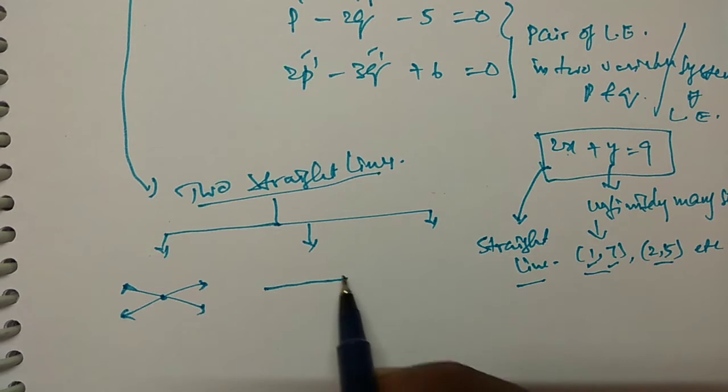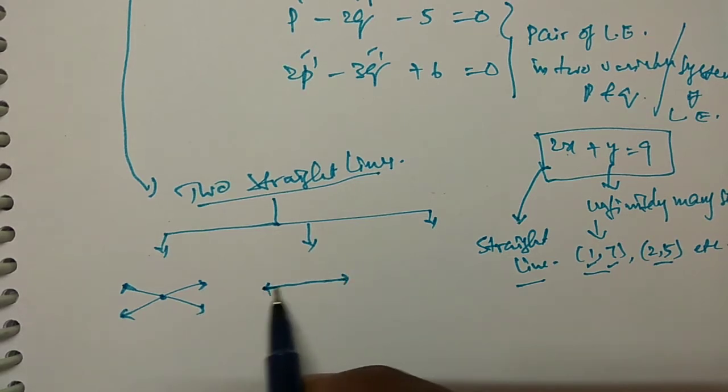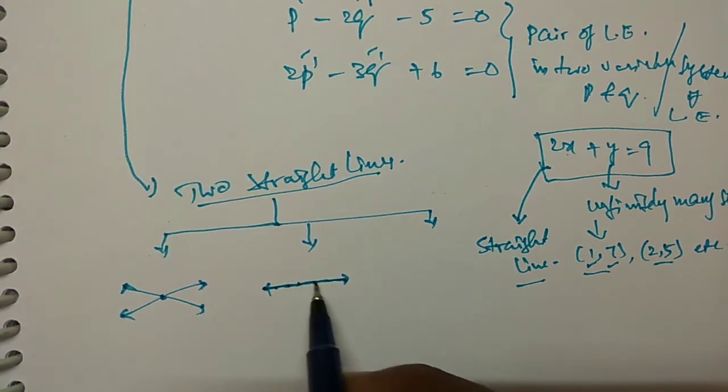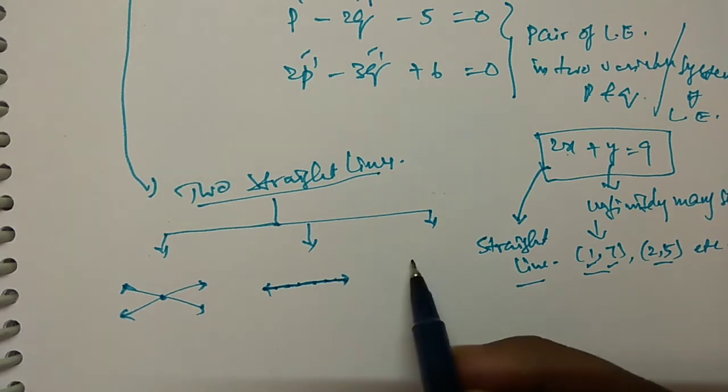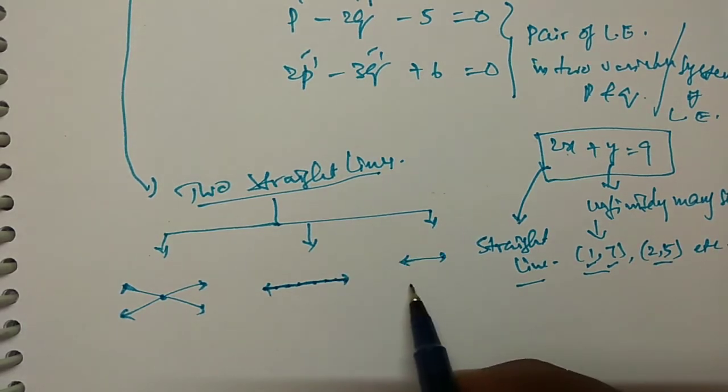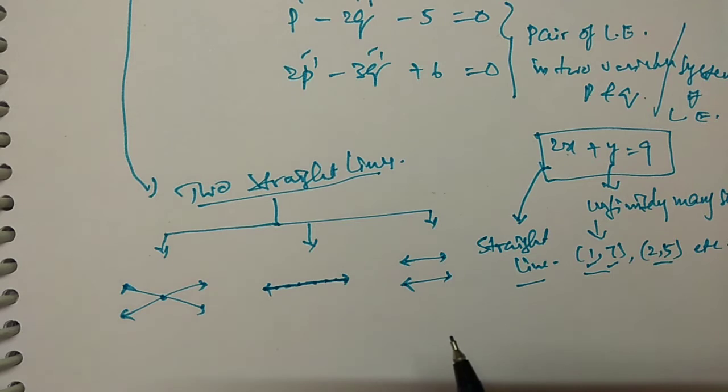The two lines may intersect at more than one point. The two lines may not intersect anywhere. Based on these three conditions, we say the solution of a pair of linear equations in two variables.